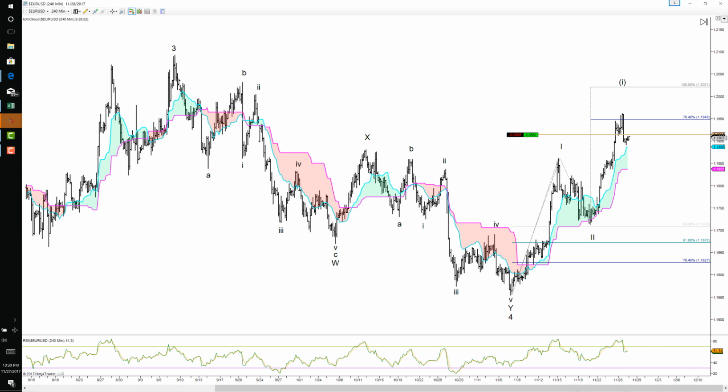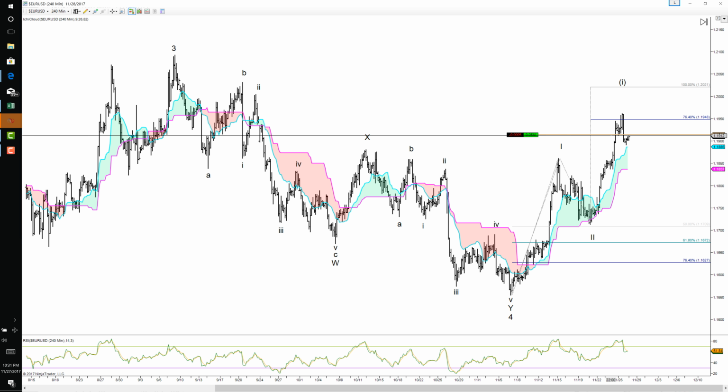But now this is 1 of 3. So I don't believe that wave 1 of 3 is complete. I believe that this is the 1, this is the 2, this is the 3, probably the 4, and then this is a 5 for 3, or this is the 3, this is A, this is a B, and this is a C for 4, and then you have one more wave up, which will roughly come to around high 119 or low 120.